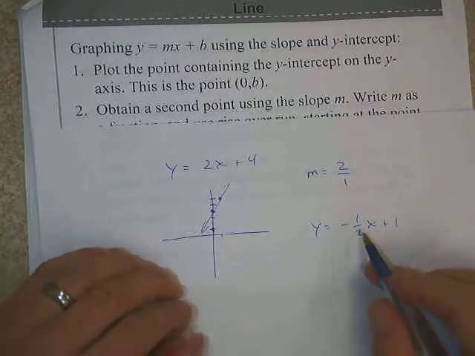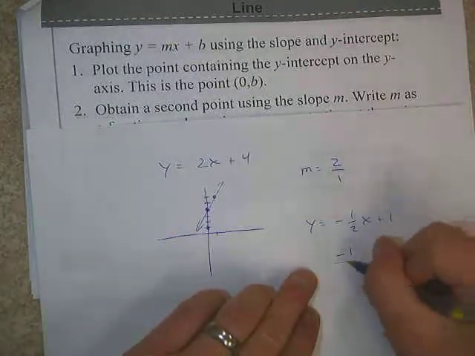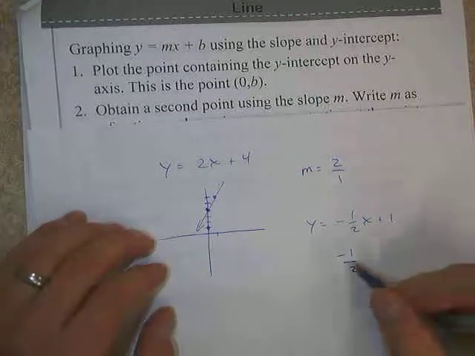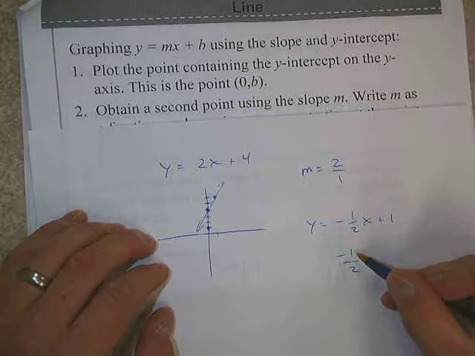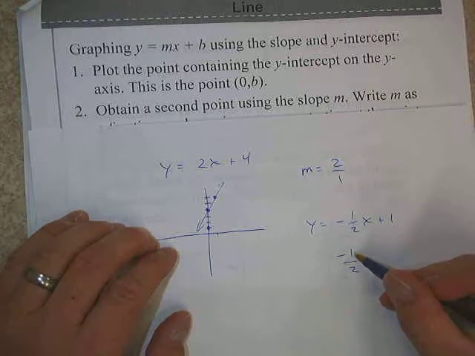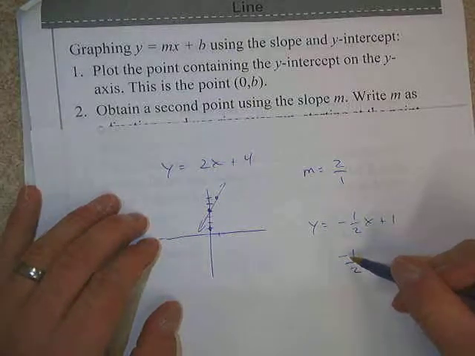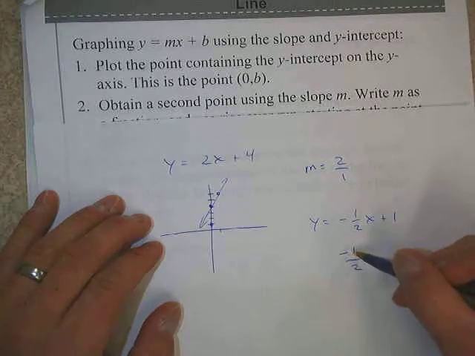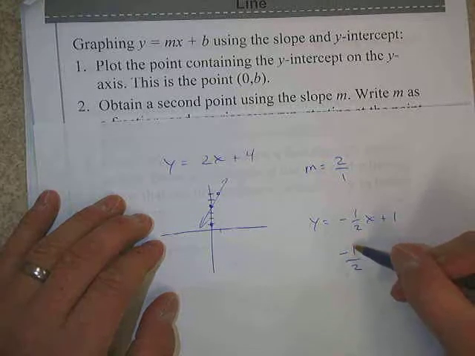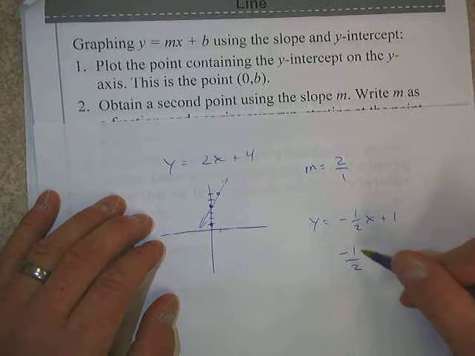Similarly, if I had to do y equals, let's say, negative 1/2 x plus 1, I would plot the y-intercept. There it is at 1. And this time when I have a negative here, what I want to think about is making sure that I consider the negative to be on the top. So that means I'm going to rise negative 1, which means I'm going to go down this time, and I'm going to run 2.